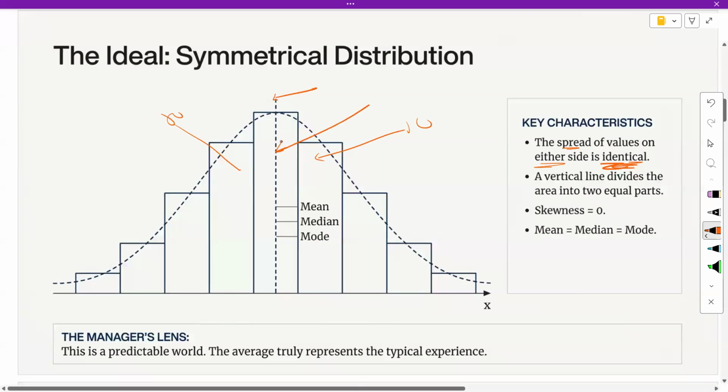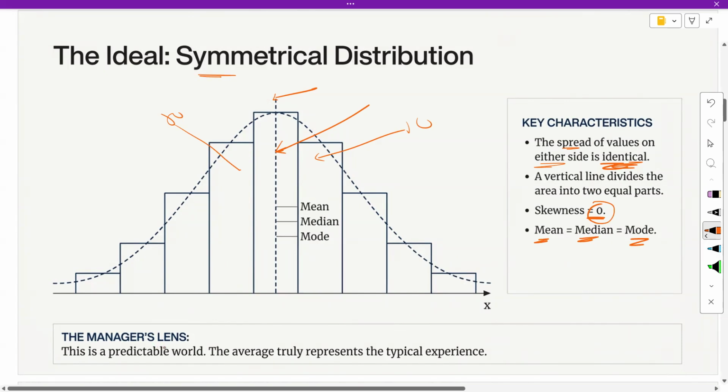Skewness 0. So when the data behave like this, symmetrical data, then we can say the level of skewness is 0, because both sides are equal, symmetric. In this instance, mean equals median equals mod.